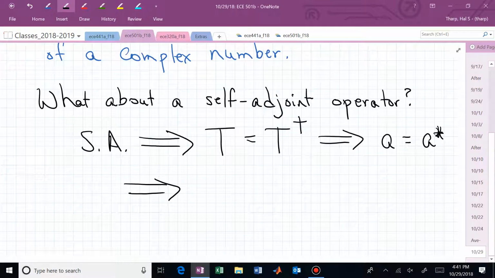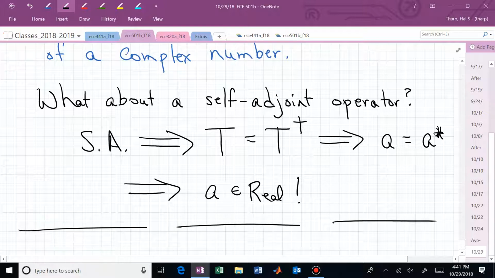A is real. So now this map is real. So if we want a self-adjoint map, we're really talking about a real number if we're dealing with one-by-one or a map from a one-dimensional space to another one-dimensional space.